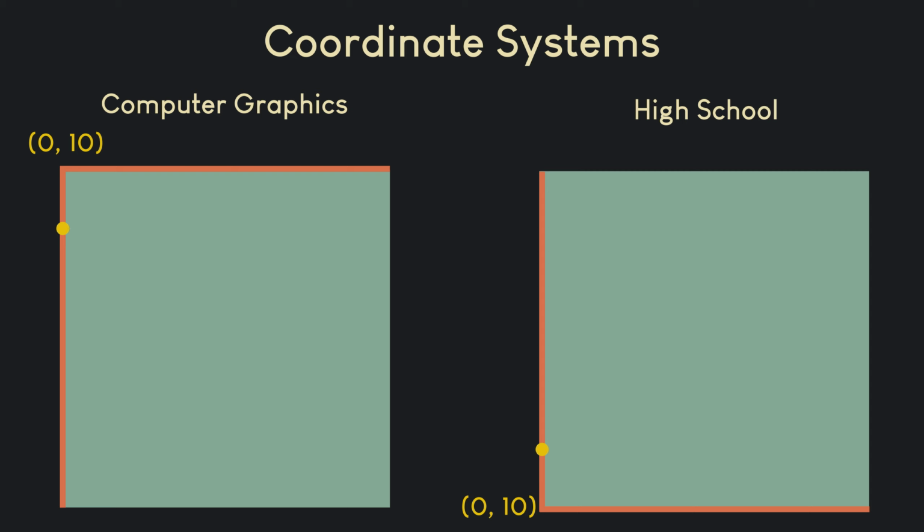This means that a point at 10, 10 will be located 10 units to the right and 10 units down from the origin. We will be using the top left corner coordinate system in our program today. That's why it is important to understand the differences between these two coordinate systems.